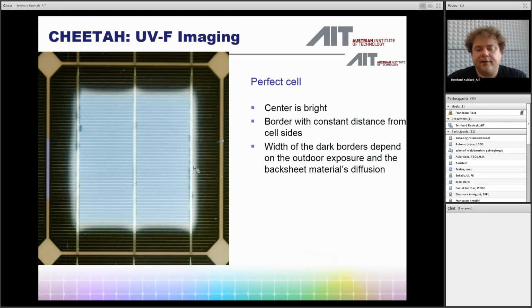The module went outside, and with time, temperature and UV exposure, it started to change the material a bit in the EVA and started to fluoresce. Then from the sides you had the diffusion of oxygen, and it took a while, so the oxygen can also go to the front side because the cell is a barrier, and the fluorescence is decreased. This is the way a normal cell should look.